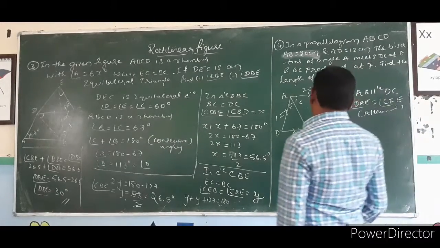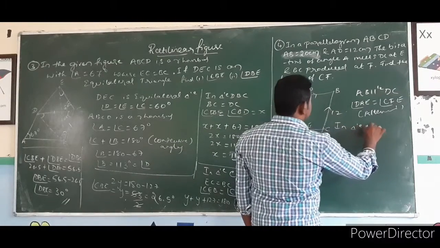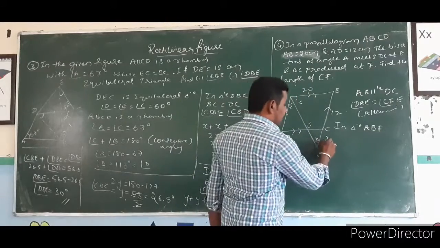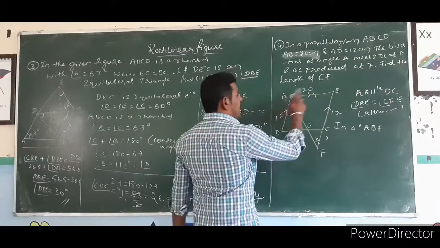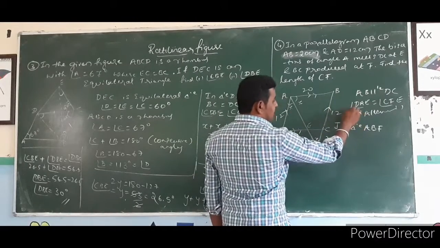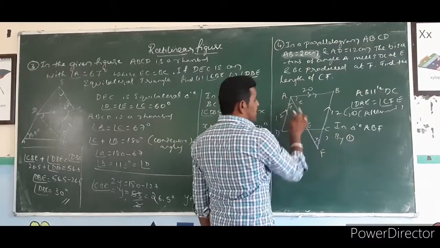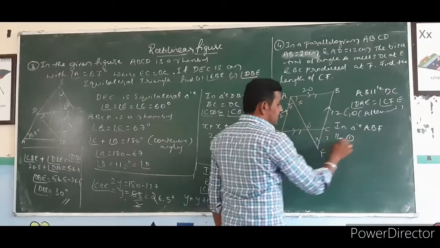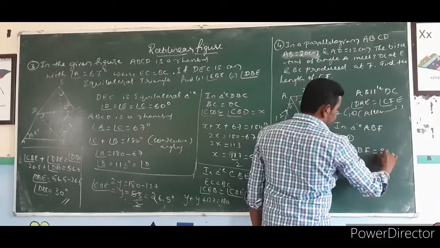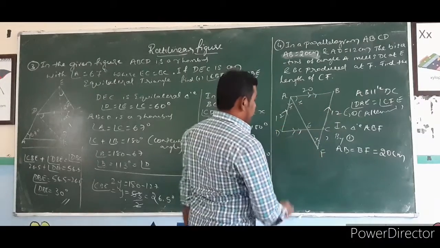Next, you can consider the triangle ABF. What do you have to find here? The CF value. In ABF, these two angles are equal, which means AB is equal to BF side. AB length is 20 centimeters, so BF is equal to 20 centimeters.